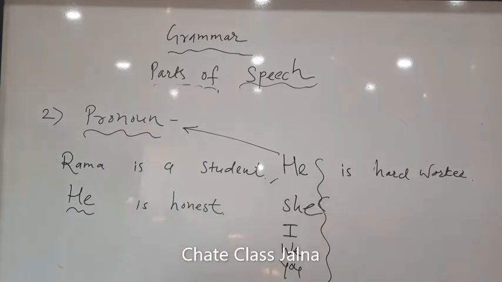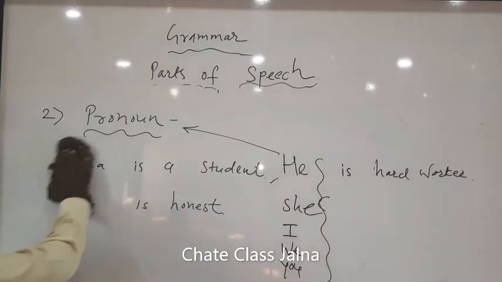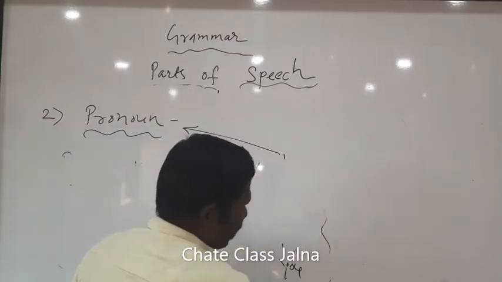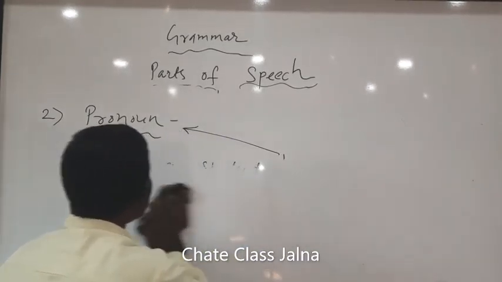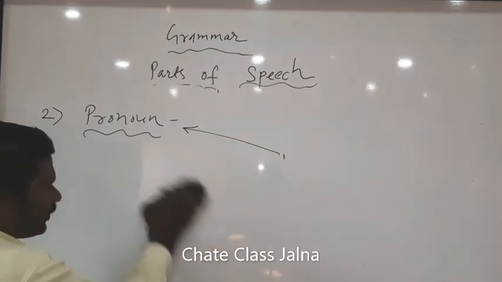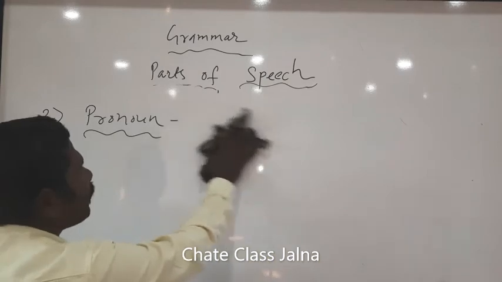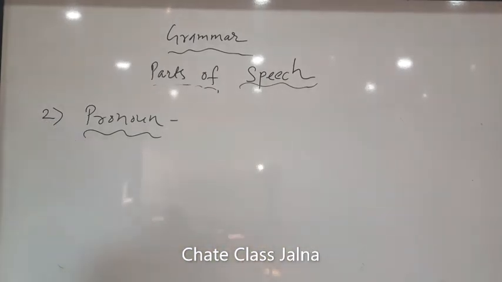So the second type of parts of speech we have learned is the pronoun. Its definition: a word used instead of the noun to avoid repetition is called a pronoun. So two types we rapidly revised here.